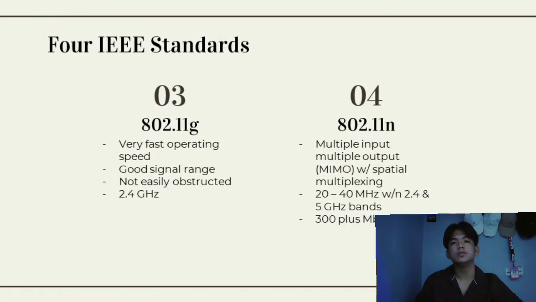For the third and fourth transmission speeds defined through the IEEE standards, we have 802.11g and 802.11n. 802.11g has very fast operating speed, the signal range is also good, and it is not easily obstructed. It supports three transmission methods on the 2.4 GHz band.